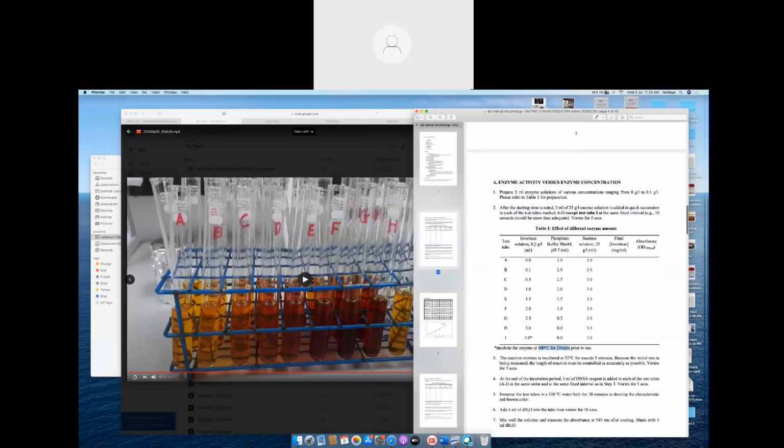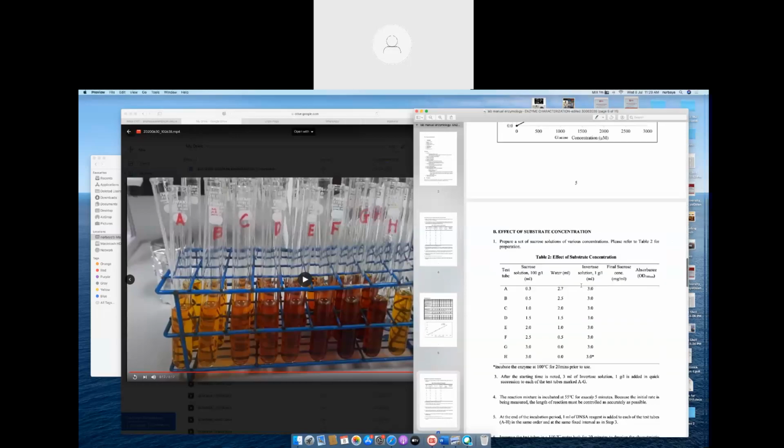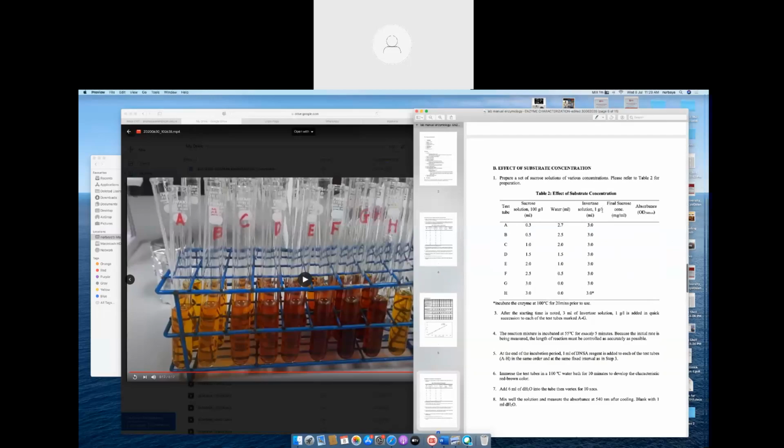Yeah, we have used 0.2. For this case, we have used 1 gram per liter of invertase. So if it is 1 gram per liter of invertase, what will be the final concentration of invertase if we have used 3 mL?